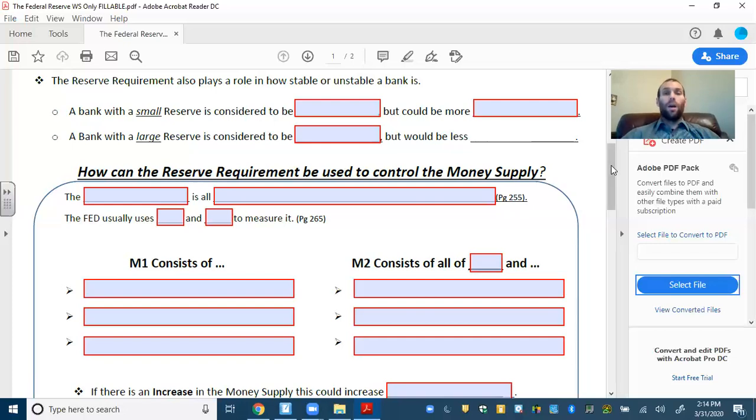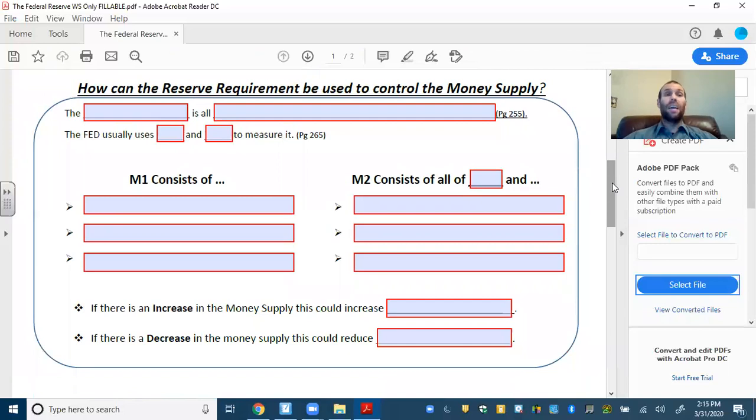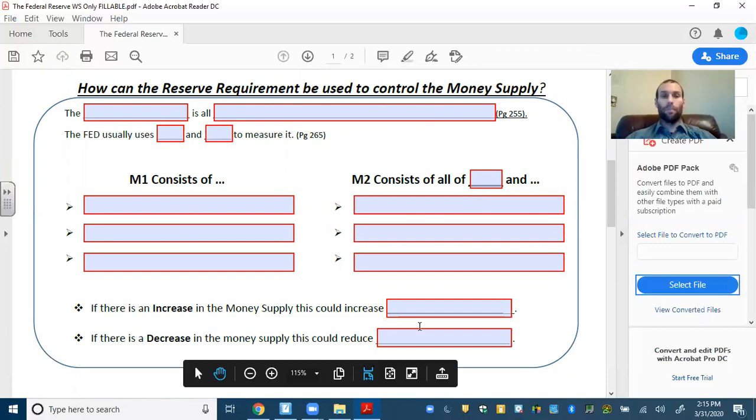Now, one of the things we need to cover, and the big point of covering the Federal Reserve, is dealing with the money supply. There is a supply of money in the economy. What it means is how many dollars are essentially out there being used at any one time. Remember, if the Fed were to increase the money supply, and therefore there'd be lots and lots of money in the economy, we would have a problem, which we'll get to down here at the bottom.